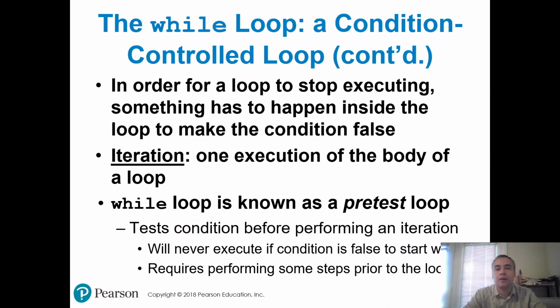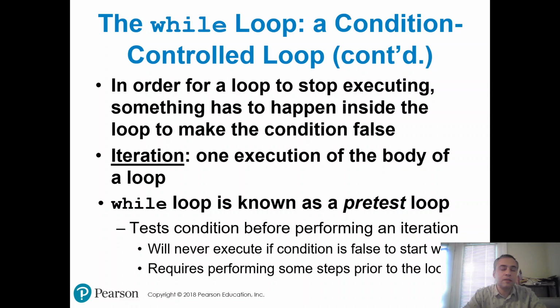So something needs to happen inside the loop to make the condition false. Before we go on, we will use the word iteration, that is one execution of the body of the loop, executing the statements that are inside the while condition, the ones indented inside.